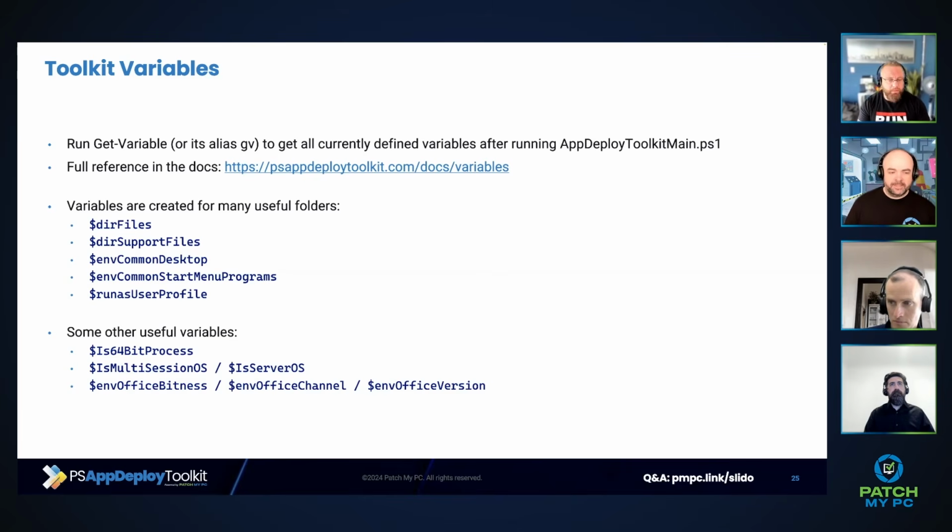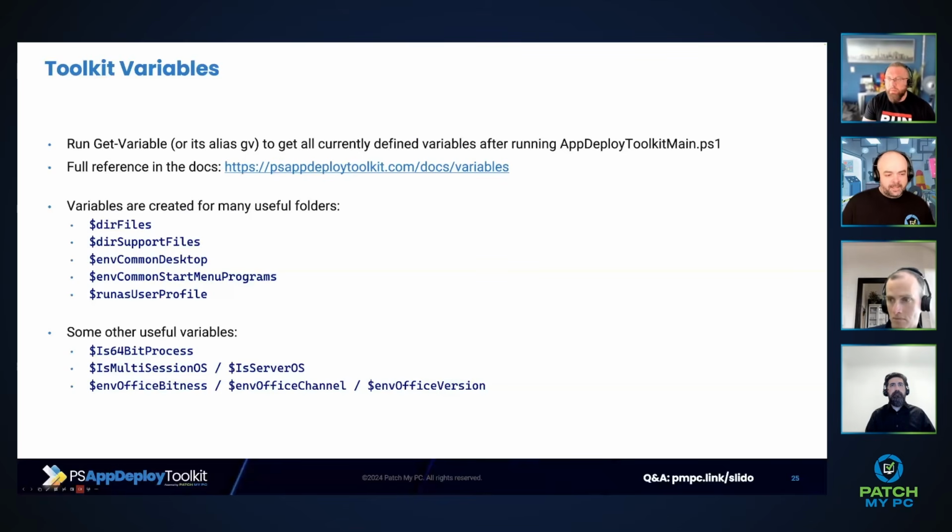Common desktop, that is the all users desktop, typically C:\Users\Public\Desktop. And common start menu programs, that's where most applications will put their shortcuts. Another one that I've tended to use in the past is run as user profile. That is the path of the user profile of the current logged on user. That can come in handy if you want to execute an uninstaller under that location, if you're trying to remove a per user install of an application.